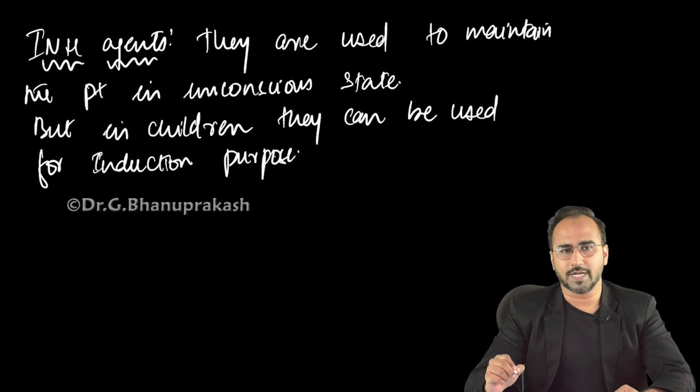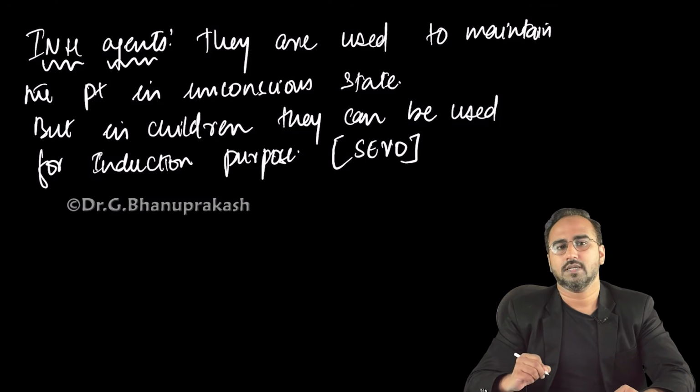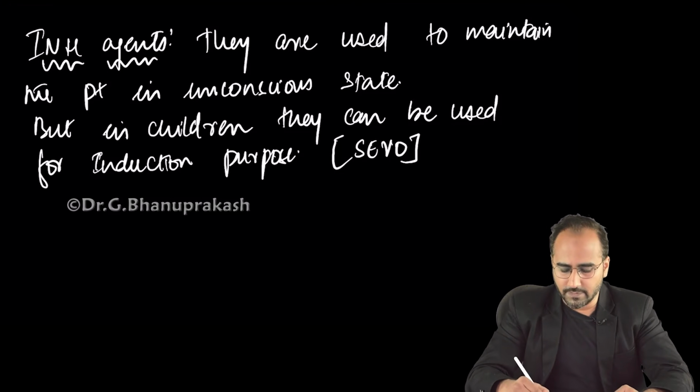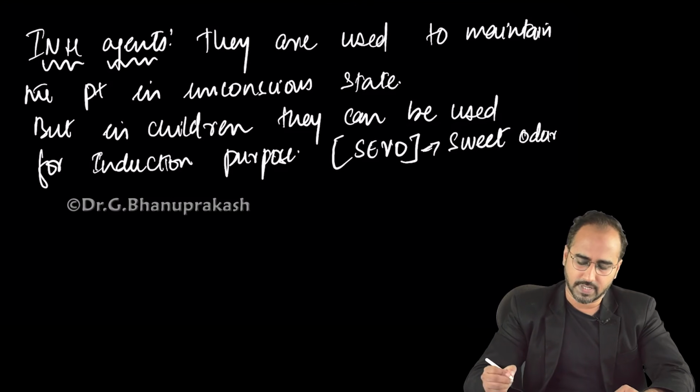In children, they can be used for induction purpose. And the agent that we use in children for induction purpose is Sevoflurane. The agent that we use in children for induction purpose is what, guys? Sevoflurane. Why Sevoflurane? Because Sevoflurane is having sweet odor, right?